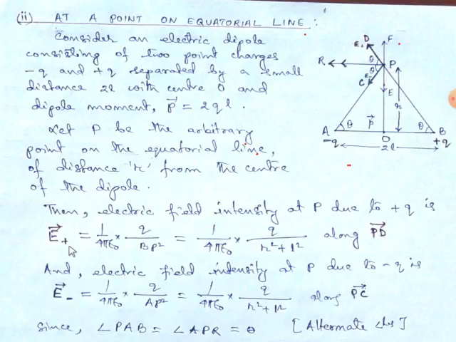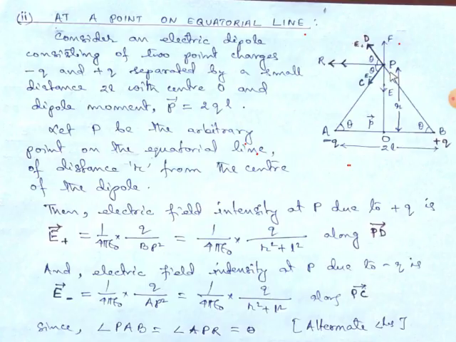Similarly, E plus will be acting along 1 by 4 pi epsilon naught q divided by BP square, the distance square. BP square will be again the same thing by Pythagoras, r square plus l square. This is an isosceles triangle APB, so AP will be equal to BP.